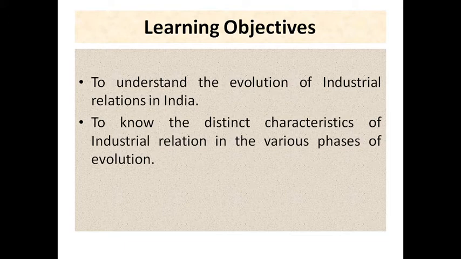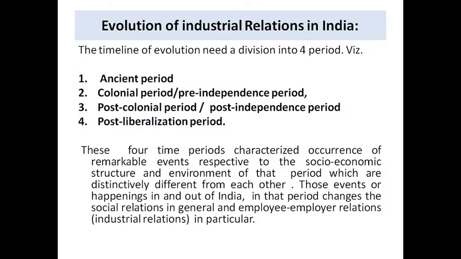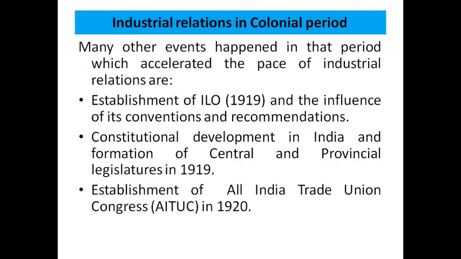Gradually, in colonial period, industrial relation became a little bit institutionalized. Many rules and regulations came into the picture. Now, we shall learn the changes that took place in industrial relation in the post-independence period and post-liberalization period.